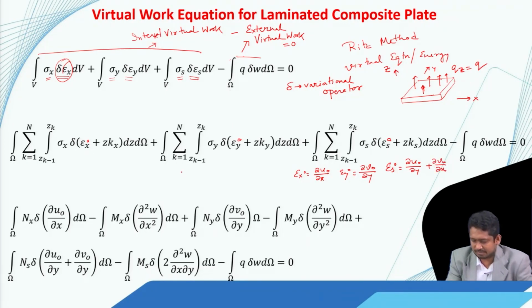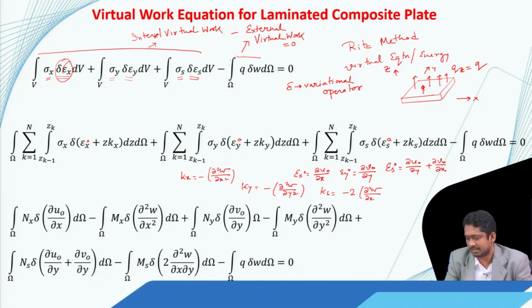And we know that kappa x is equal to minus of del 2 w by del x 2, kappa y is equal to minus of del 2 w by del y 2, and kappa s is equal to minus of twice del 2 w by del x del y.